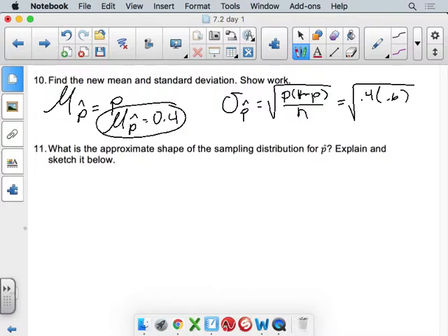So 0.4 times 0.6 divided by a sample size of 50. To 3 decimal places, I got 0.069 as the standard deviation.